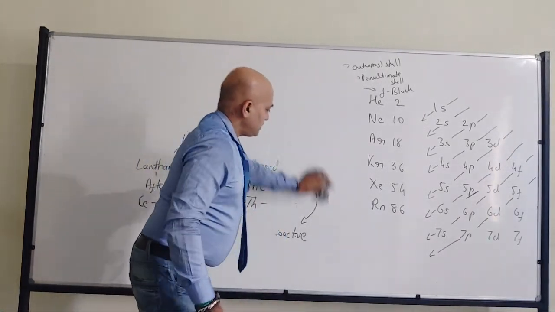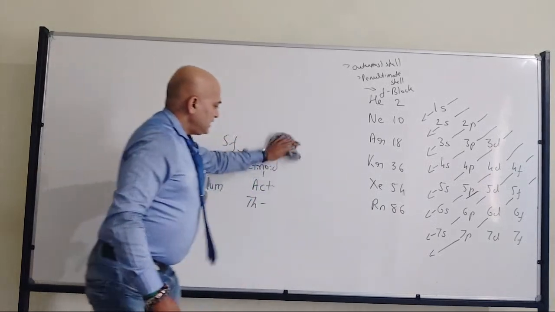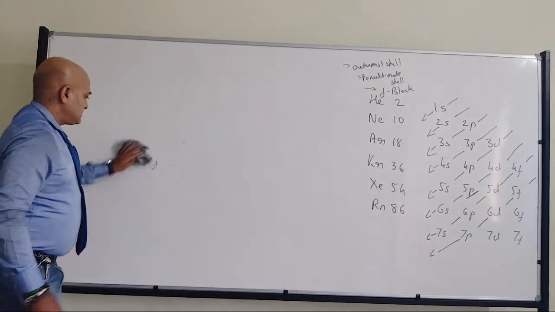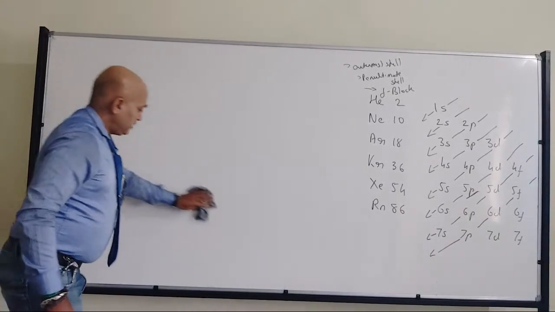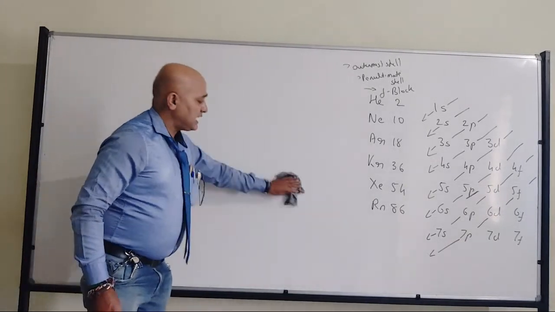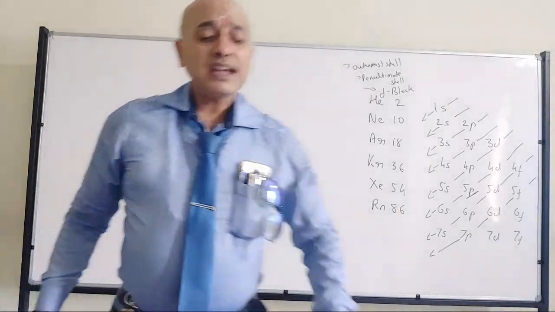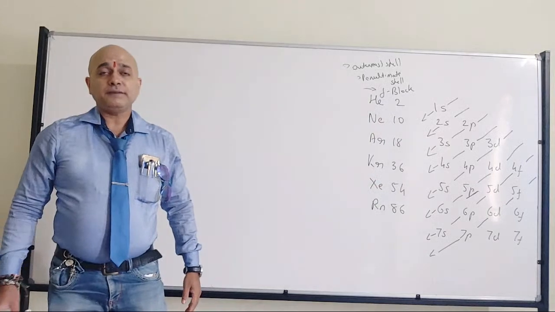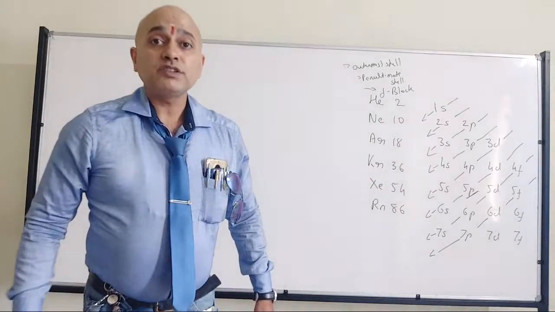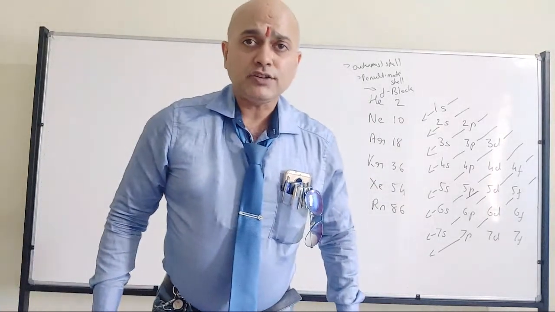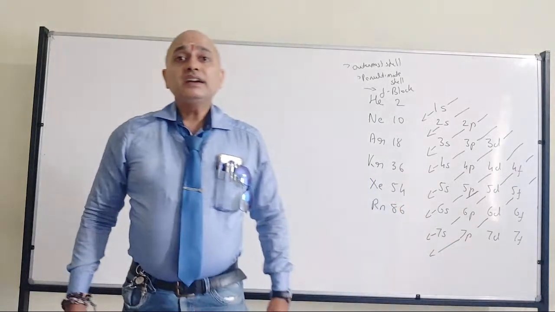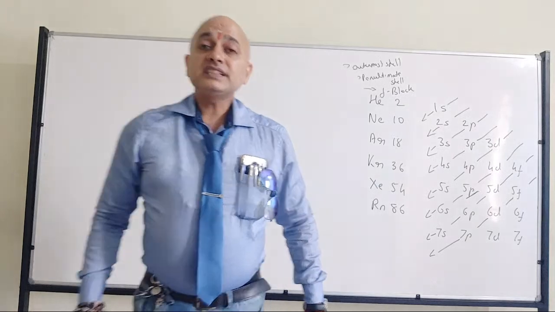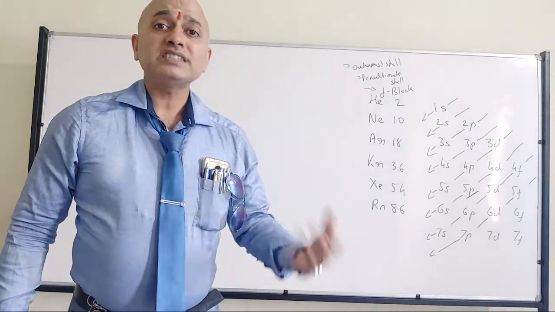One thing you should remember is that in the periodic table, the actinoid series is the one having radioactive elements, and along with that almost all 7th period elements, even with respect to p block also, will be radioactive in nature, most of them, right? That is because they want to have stability.